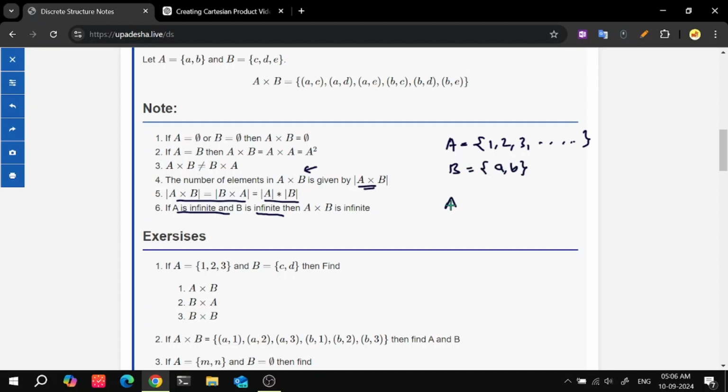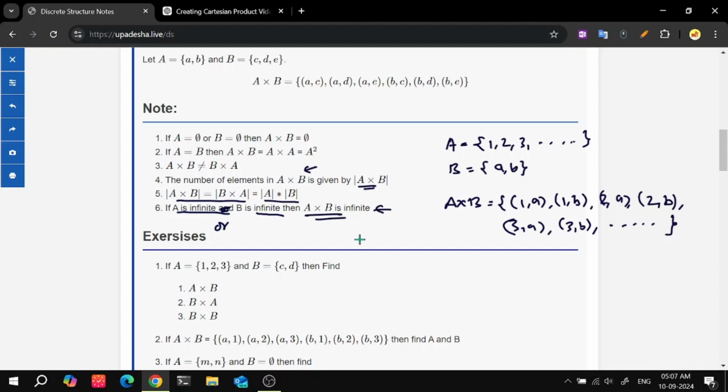In this case, if you take A cross B, I get (1, a), (1, b), (2, a), (2, b), (3, a), (3, b), and so on. So if A is infinite or B is infinite, then A cross B is also infinite.